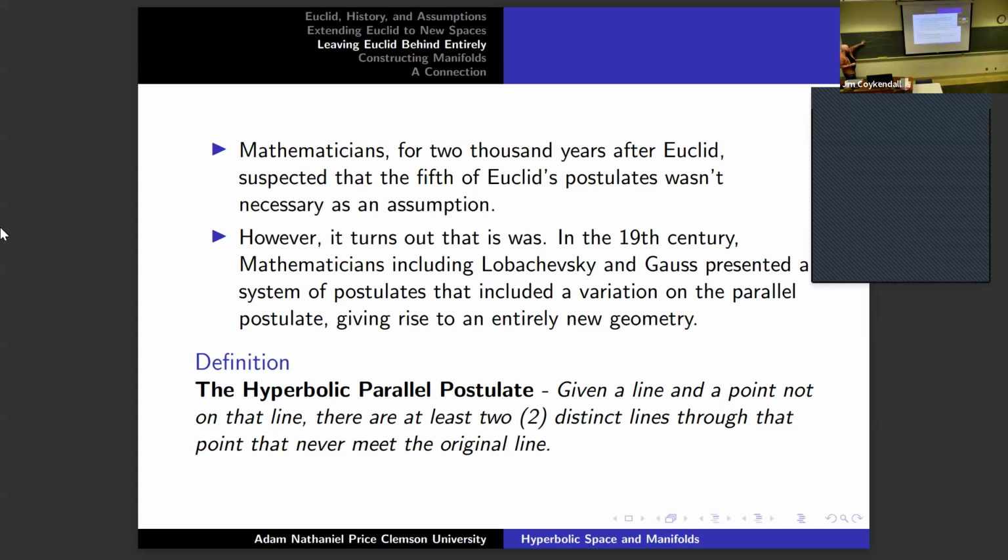But this isn't an accurate representation of it. In order to give an accurate representation of hyperbolic space, I have to have a warped, hyperbolic shaped board. And I don't. So I have to draw it in an inaccurate way. So we're just going to say that these two lines never intersect this one. But there are at least two lines through this point that never touch this line.